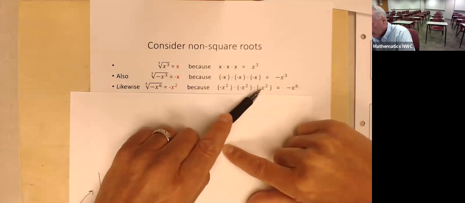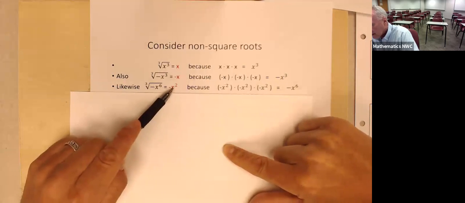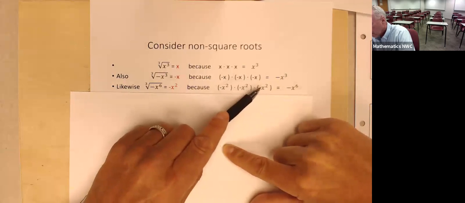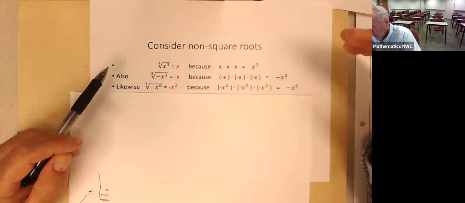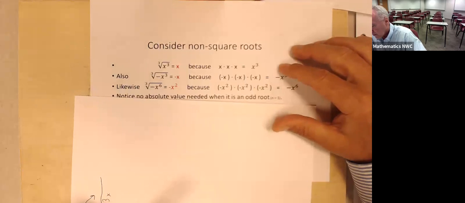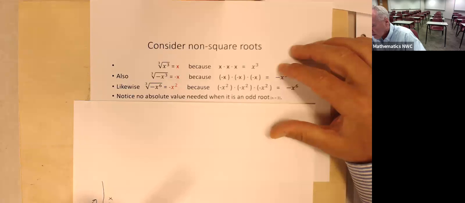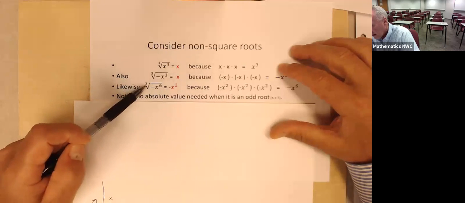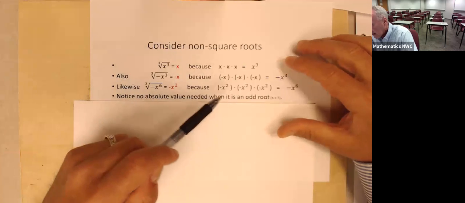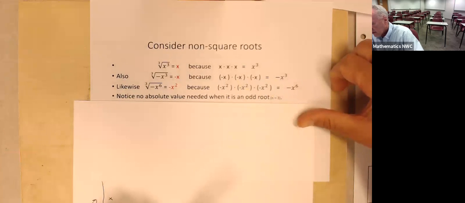Negative times a negative times a negative gives you a negative, but it's x squared because 2 plus 2 plus 2 gives you the 6. That's another level of pulling it all together. It's a little bit tougher, I know that. Notice no absolute value needed when it's an odd root. Here the n was a 3, so I did not need any absolute value signs in my answer.